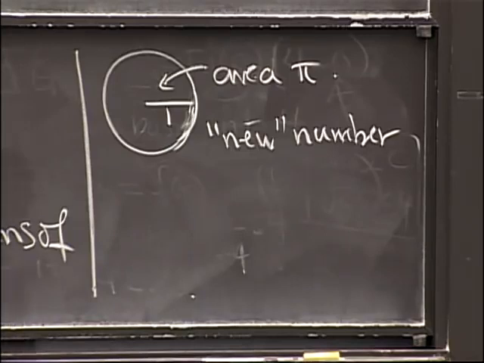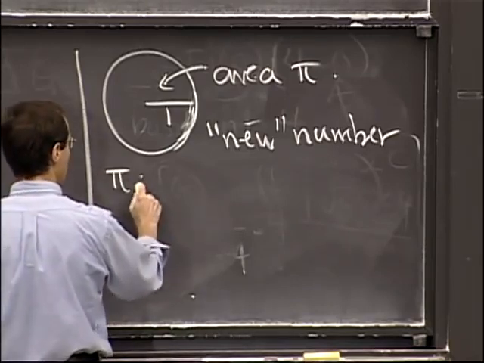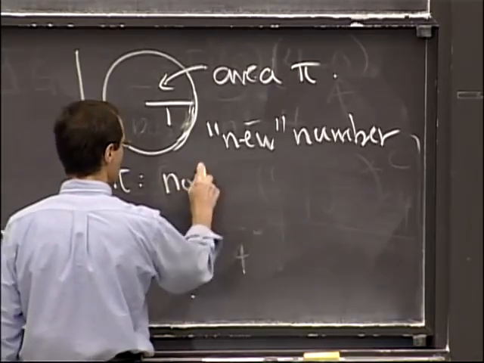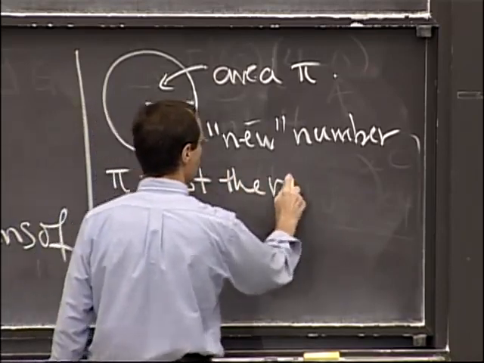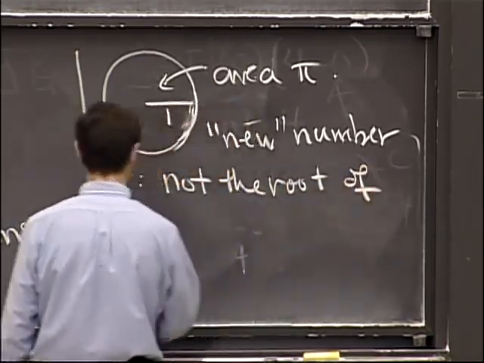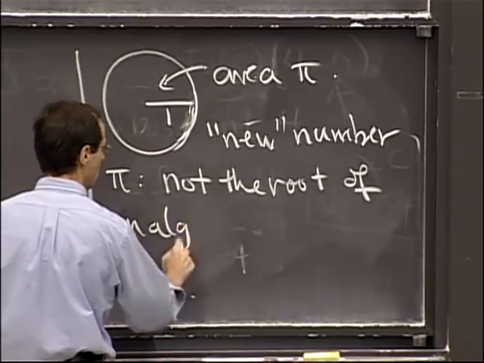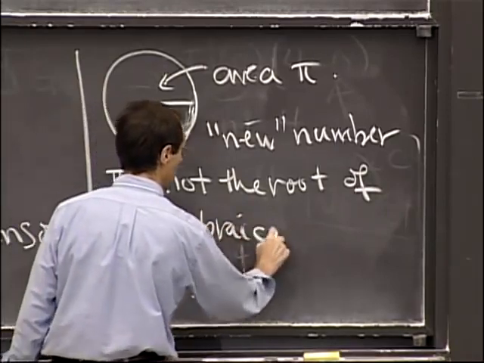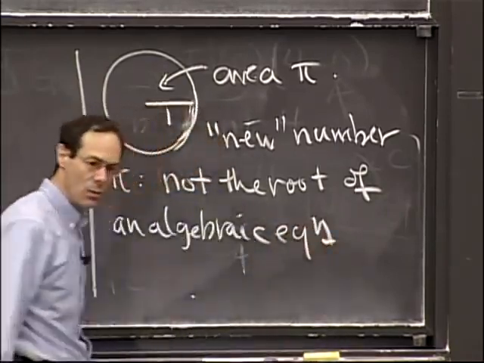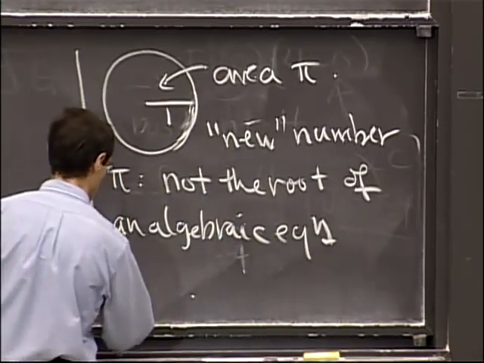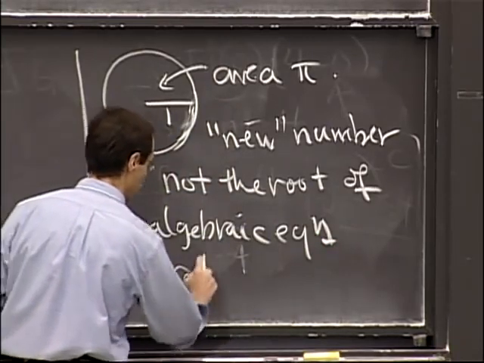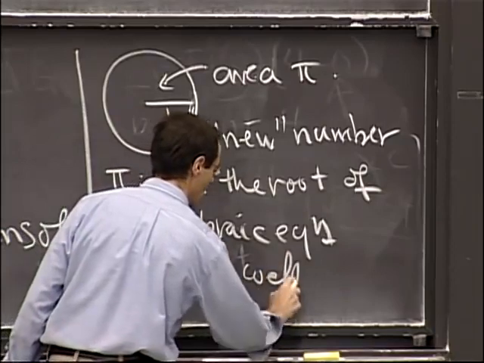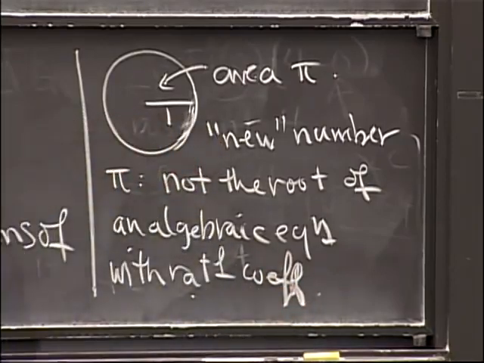And the weird thing about this number, pi, is that it is not the root of an algebraic equation with rational coefficients. It's what's called transcendental, meaning it's completely outside of the realm of algebra.